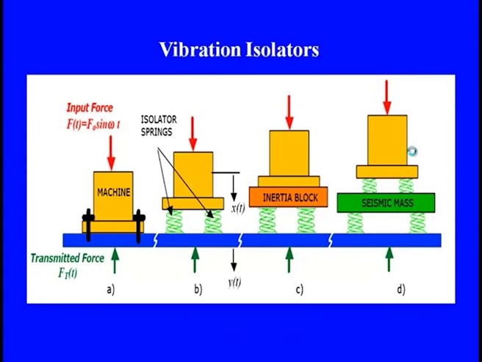Second, we can put springs in between the machine and the foundation, and you can see the forces. In the third part, we can adopt an inertia block in between the machine and the spring. So now there are two devices acting to absorb or control the vibrations between the machine and the foundation.